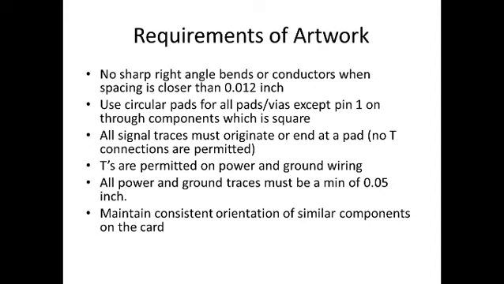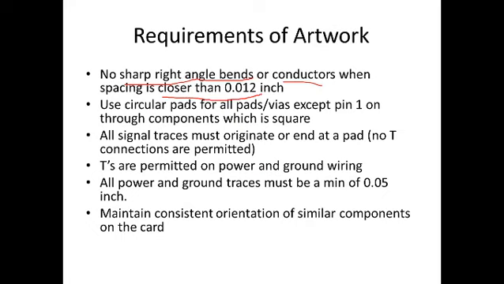Instead of requirements, I can say what are the different rules you are going to consider when you are doing the artwork. Okay, so the first rule is no sharp right angle bends on conductors when spacing is closer than 0.012 inch. So normally you should avoid sharp bends there.